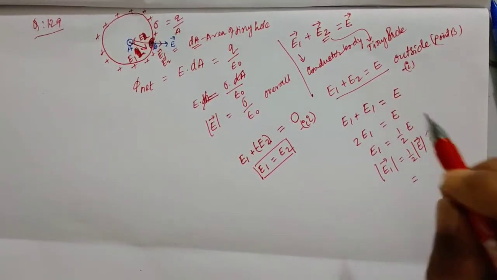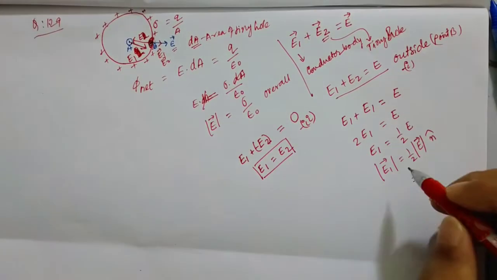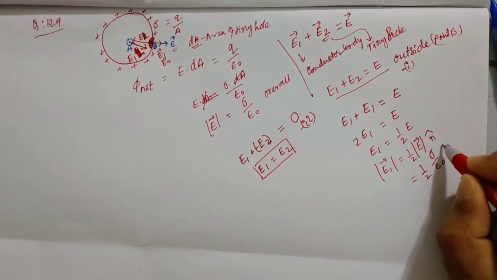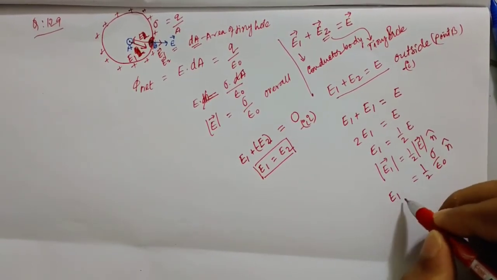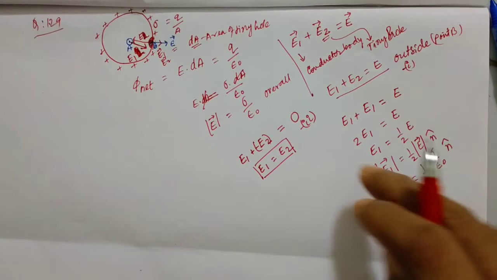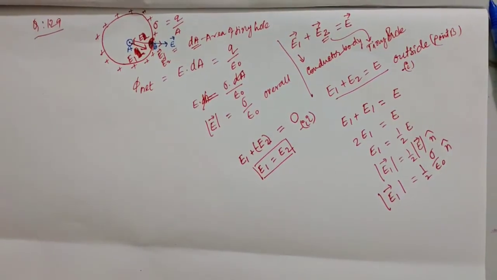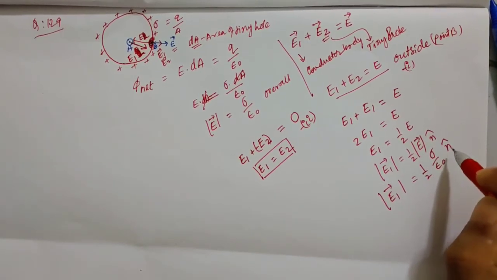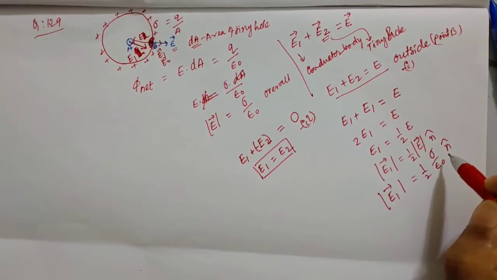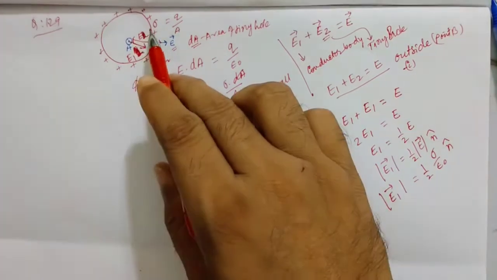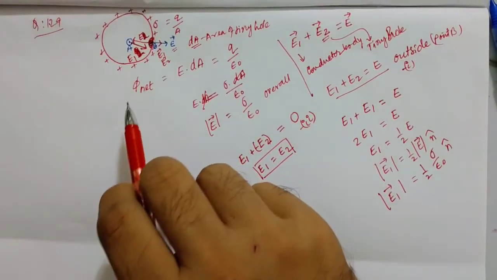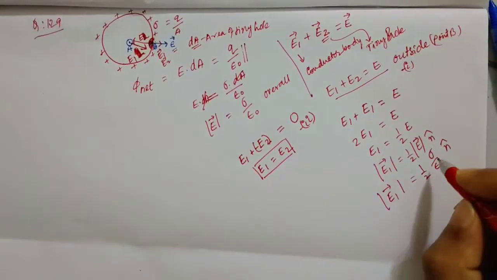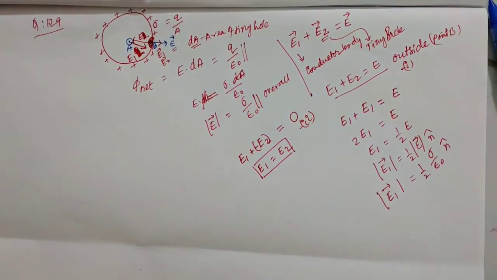Now we have got this earlier, the overall electrical field is sigma by epsilon naught, and n cap is there. That means the electrical field outside this conductor body is nothing but half of sigma by epsilon naught n cap, half of the electrical field generated by the conductor body itself, because the conductor body is generating this much overall electrical field.